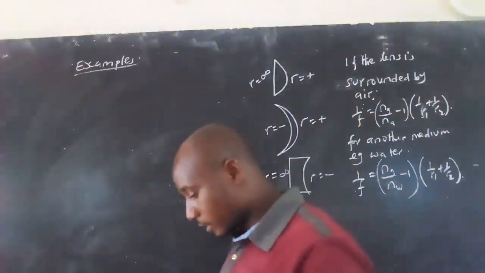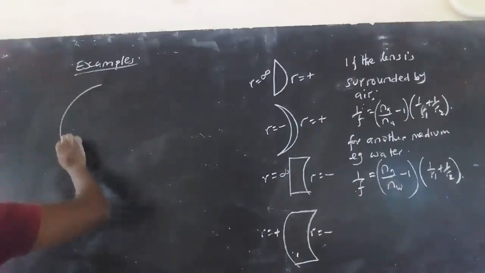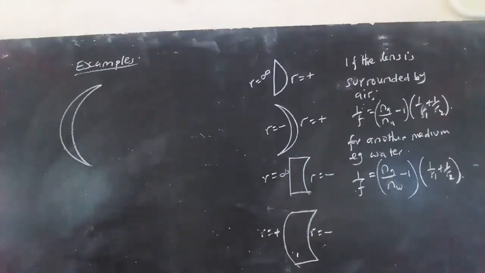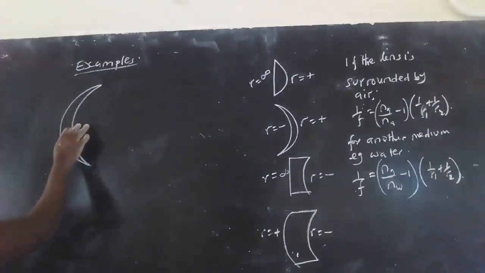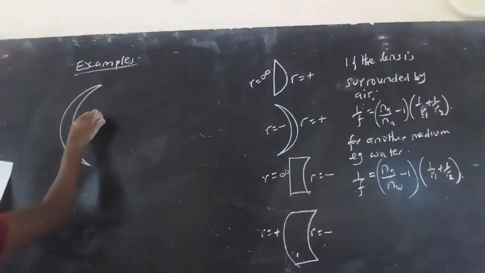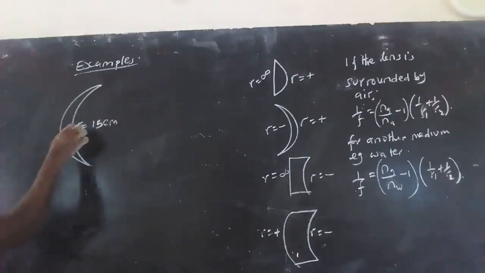So, number 1 says a converging meniscus with radii of curvature. So converging meniscus, how does it look like? So a converging meniscus is this. Now, this one has wider radius of curvature, so R1 will become 15 centimeters.